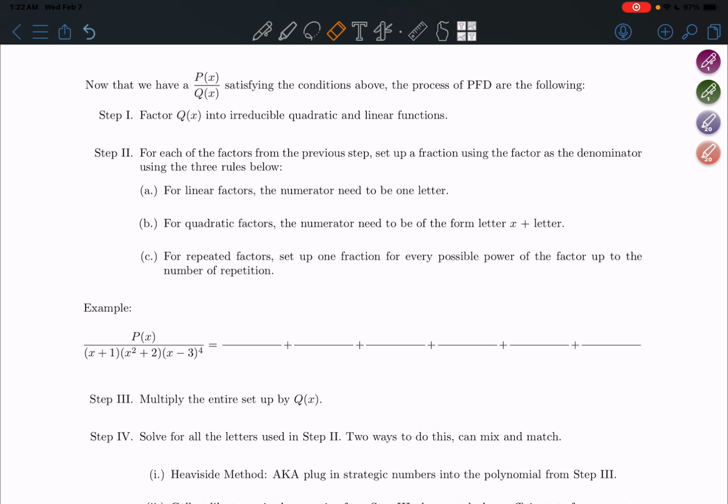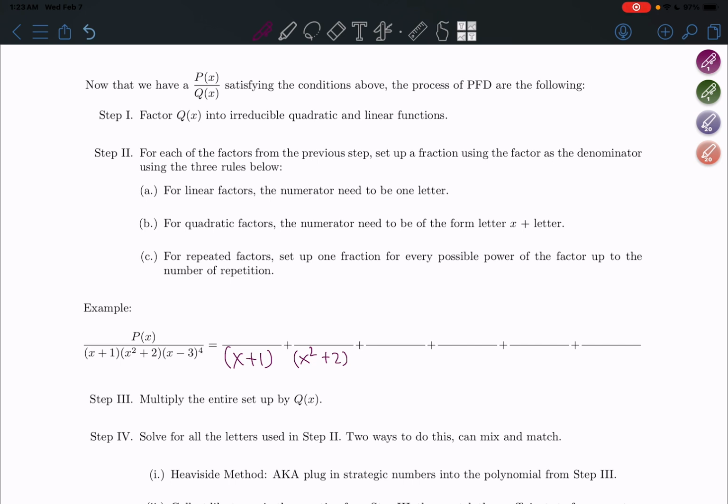So x plus 1 is a linear term, so I'm going to need a fraction for that. x squared plus 2 is a quadratic, so I will also need a fraction for that. But then I have x minus 3 to the fourth power. That's a repetition, repeated 4 times, so I need 1 fraction for every possible power of it, up to the number of repetitions.